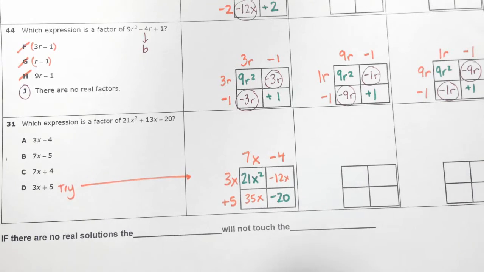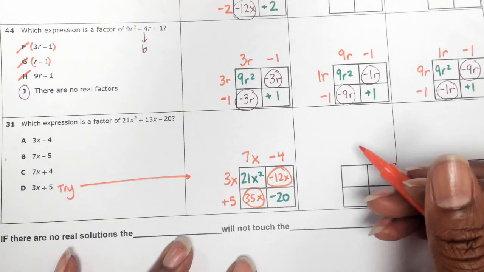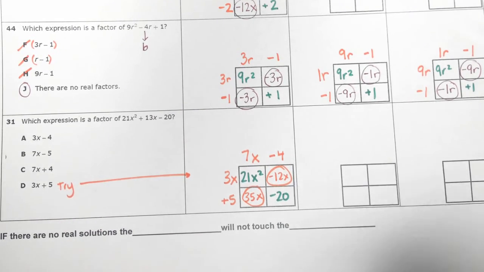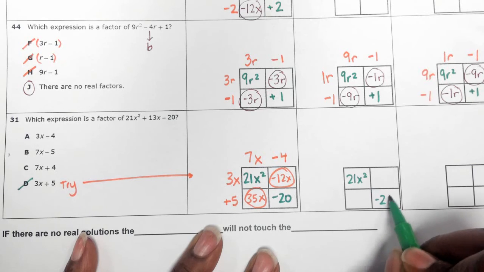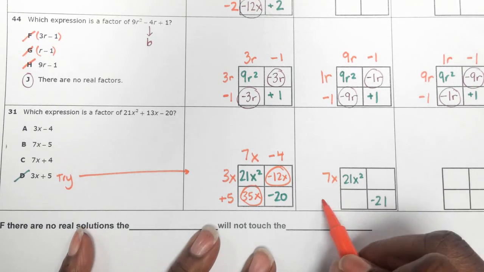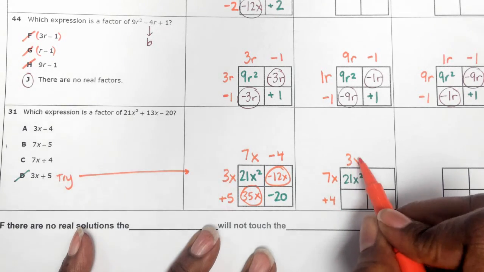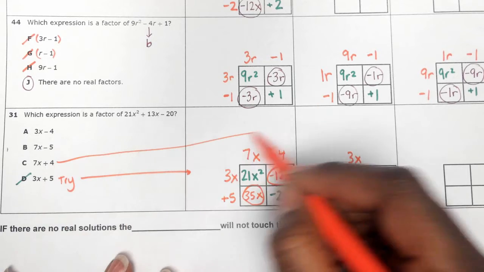Oh, no, that doesn't work, because these two do not add up to the 13. So it's definitely not D. It might be C then. I was trying to make it go a little faster. So we know we got 3x here. I'm going to try C over here.